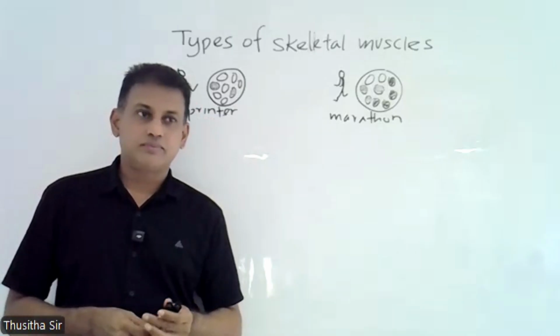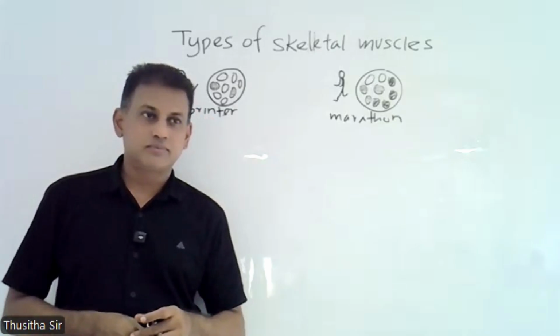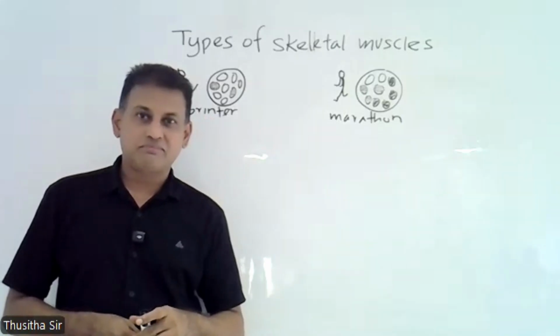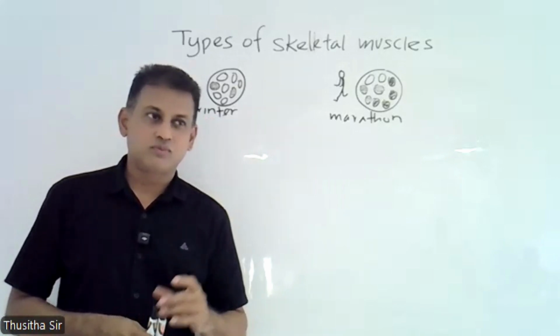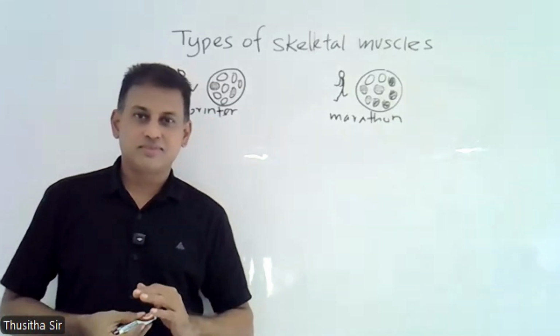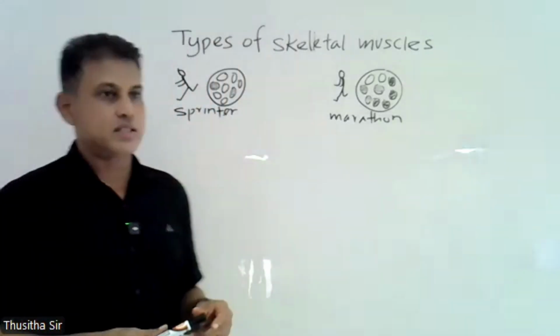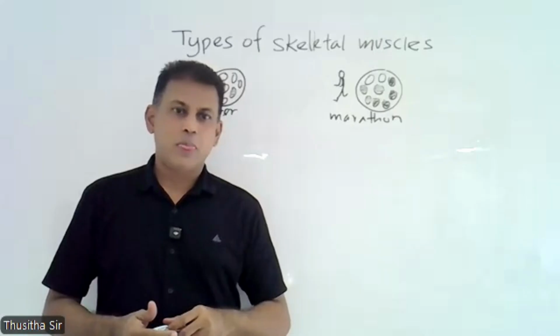Sprinters, aerobic or anaerobic? Both. Basically, like 100 meters, usually they finish in 9 seconds. 9 seconds.